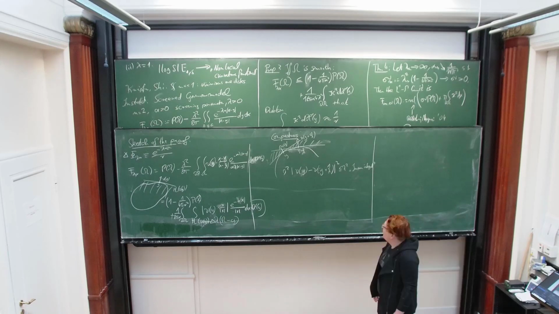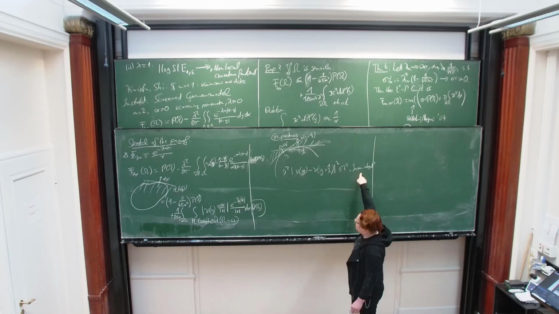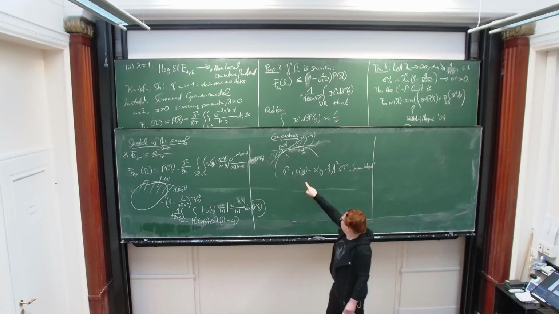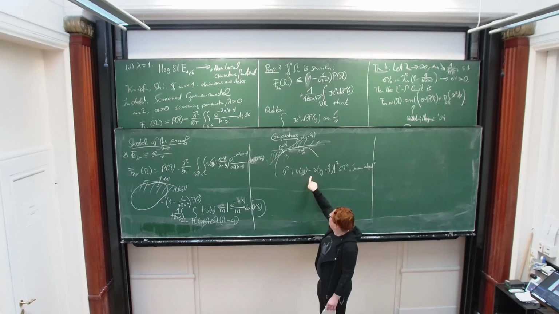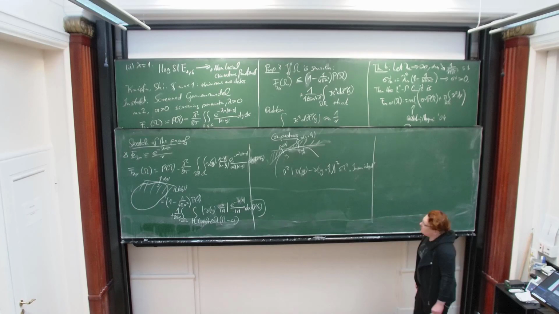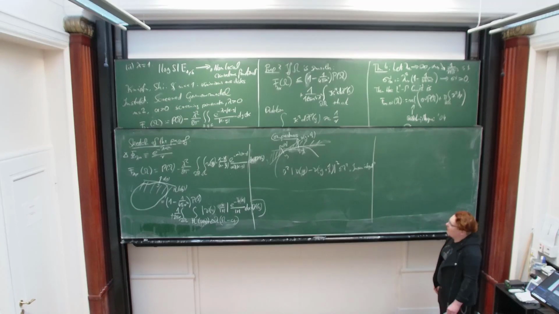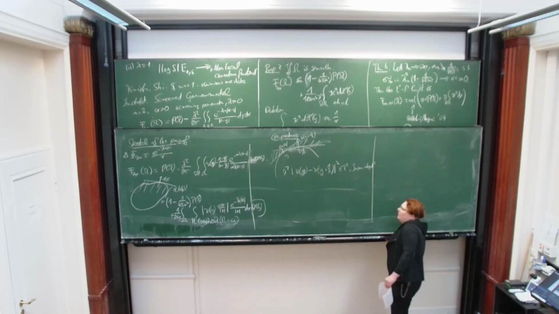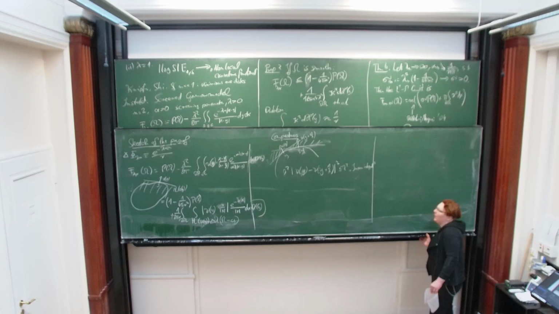So that if I integrate this now, I get somehow a discrete W^{1,2} estimate for the normals. And what's the W^{1,2} norm of the normals? It's the curve squared, the L2 norm of the curvature.